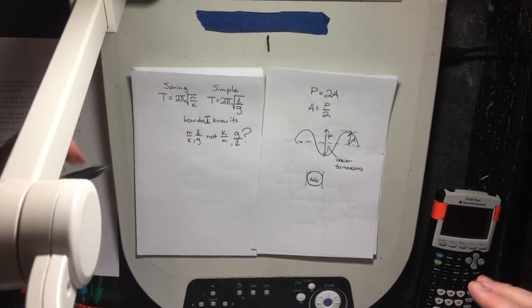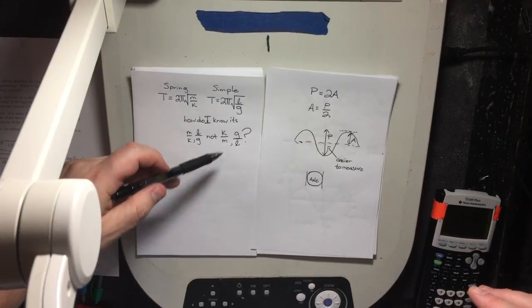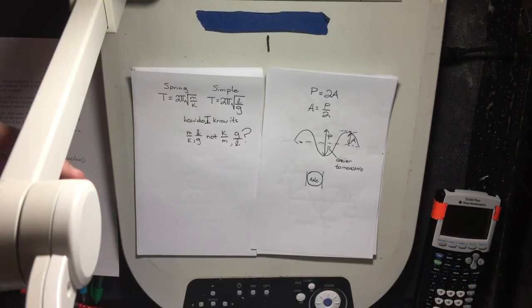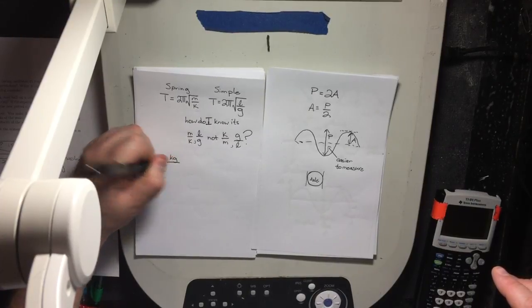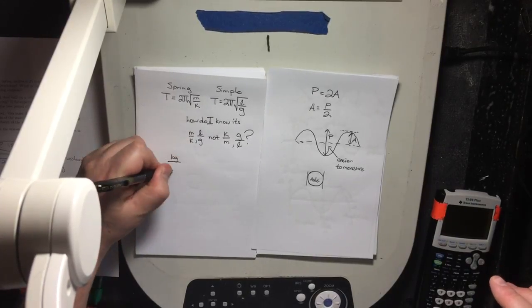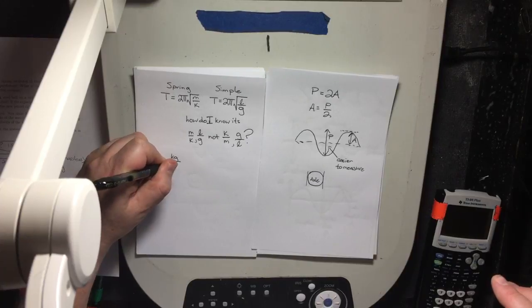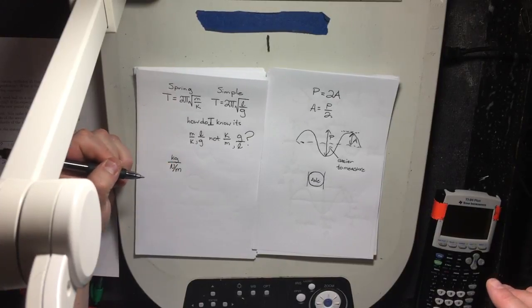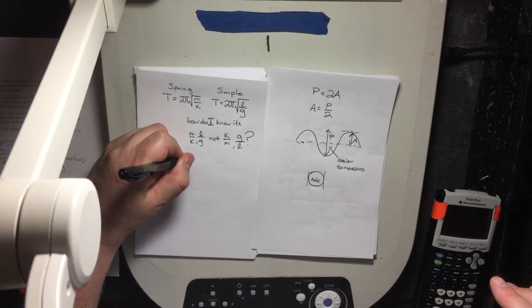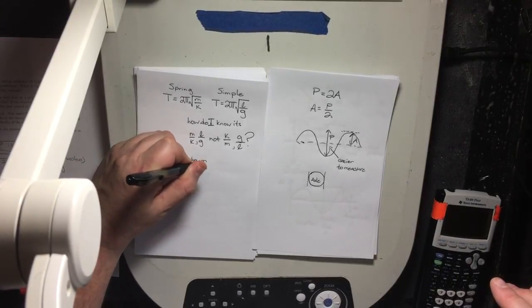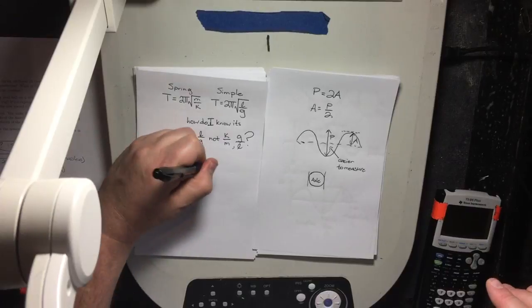how do I know it's this and not this? Well, one of the easiest ways to determine this is you play with the units. M is in kilograms. K is in newtons per meter. So let's play with this. That changes to kilograms meters over newton.